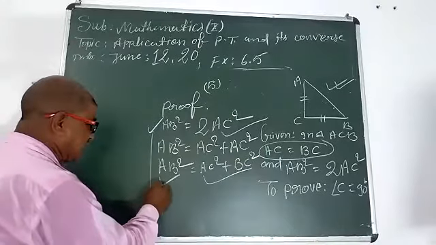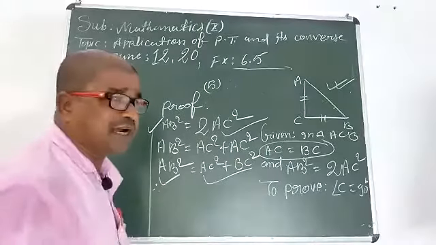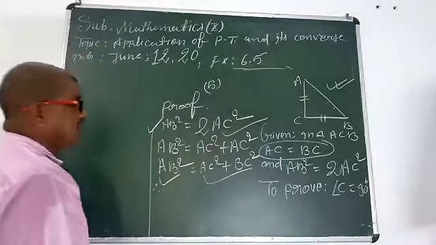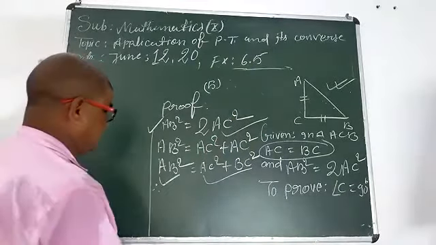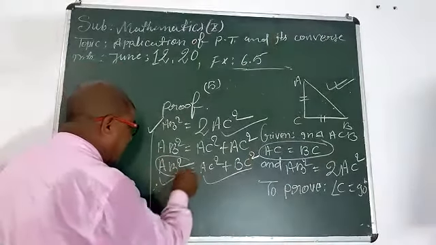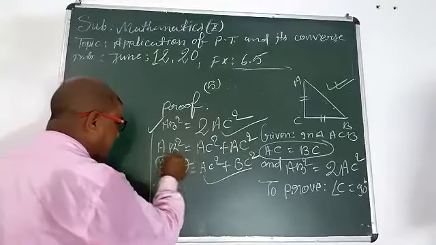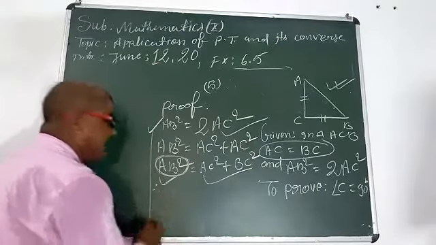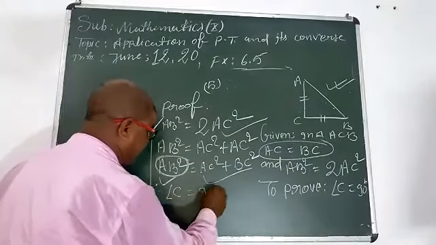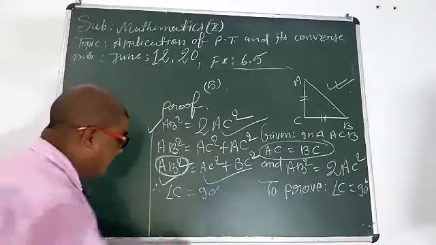By the help of the converse of Pythagoras, you can write that the triangle is right angled. The angle opposite the longest side is a right angle, so angle C equals 90 degrees.